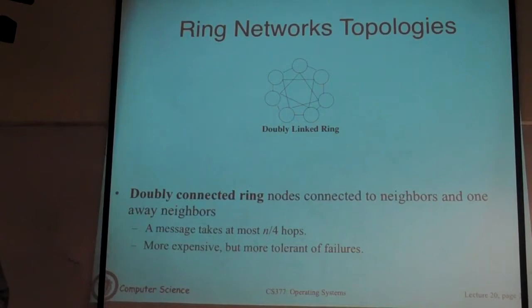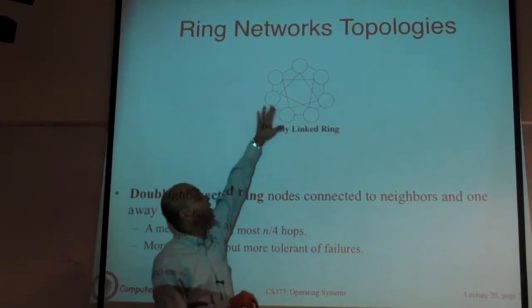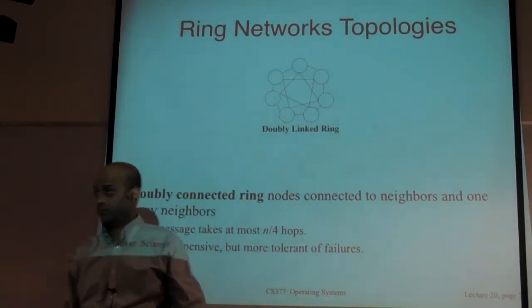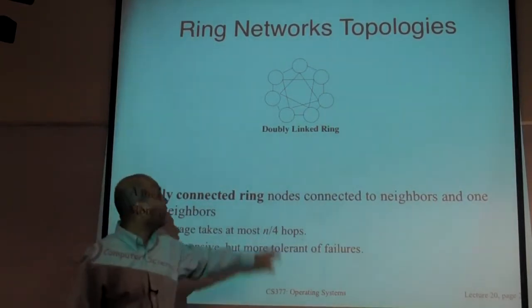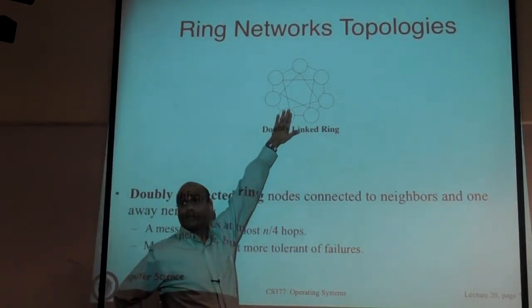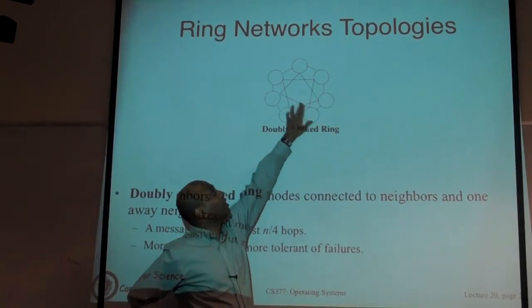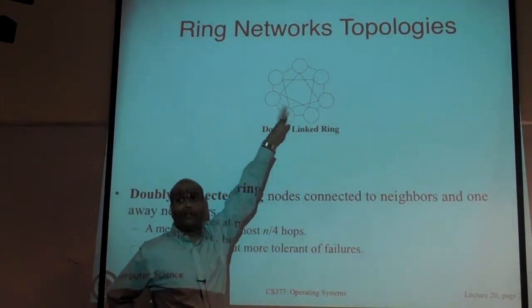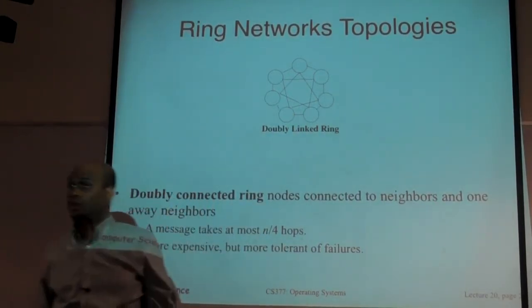One way to ensure this is to have what is called a doubly connected ring. In a doubly connected ring, each node can not only talk to its two immediate neighbors, it can also talk to its neighbor's neighbors. So now if this node goes down, you can just hop over this node by using that link. Your network ring is not going to get partitioned. So in a doubly connected network, you can handle some failures.